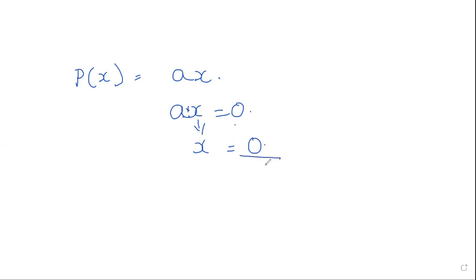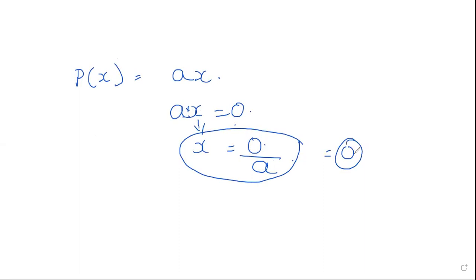I'll do one more sum. P of x is equal to ax. Okay, now equal to 0. Now write x as it is in the left, 0 as it is in the right. What is there? There is a multiply sign. So what happens, you have to divide, that is, it comes to the denominator. x is equal to 0 by any number. 0 by any number is nothing but 0 itself, right?